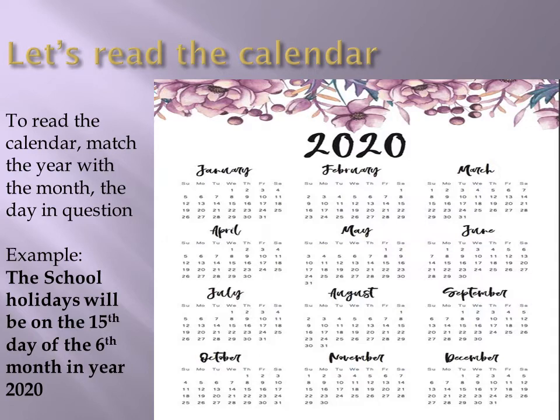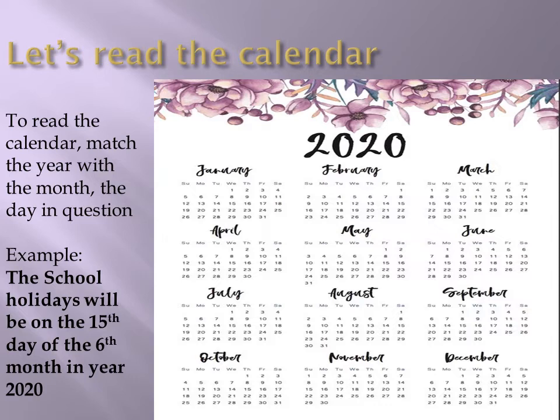So let's try to see where we have the 15th day. It only means where you have 15. Where do we have 15? That's in the 3rd week in June. How do I know it's the 3rd week? Each of the weeks is represented here by the 7 days of the week, Sunday to Saturday.